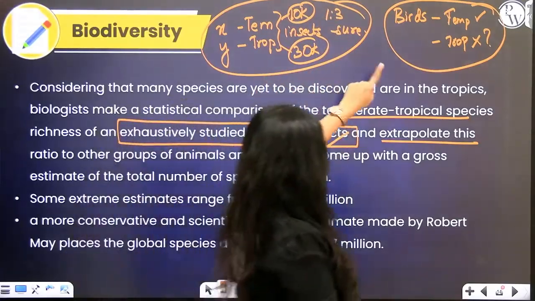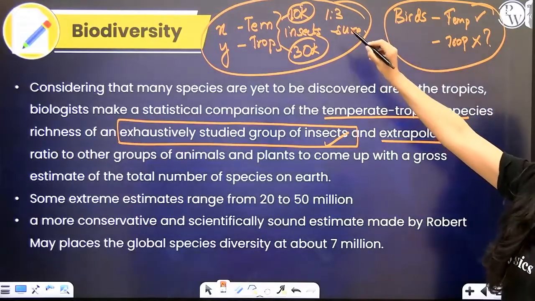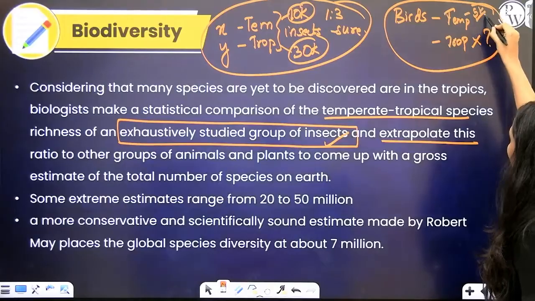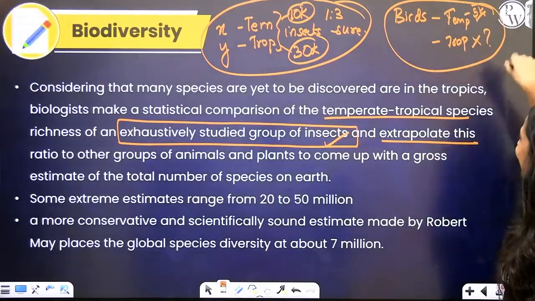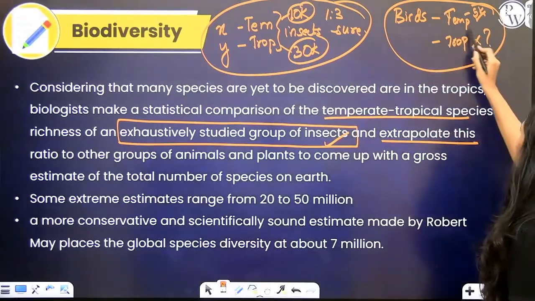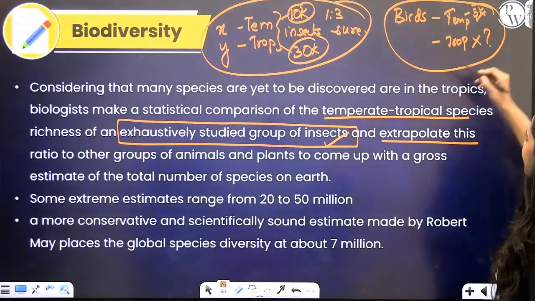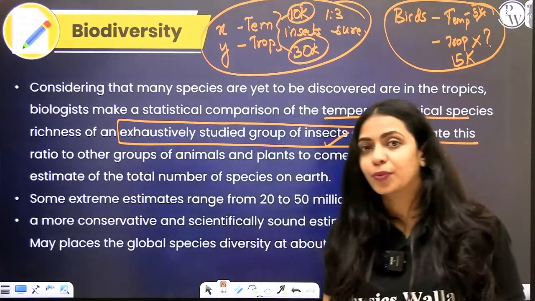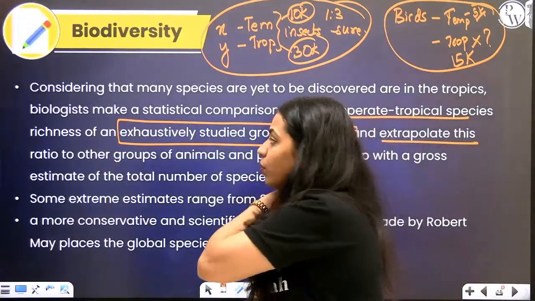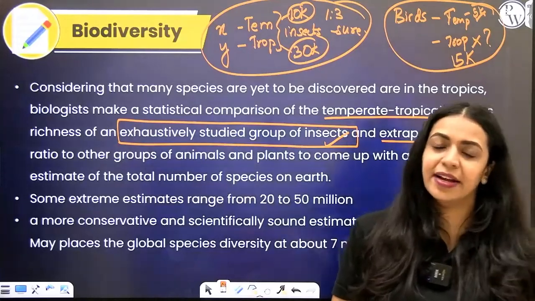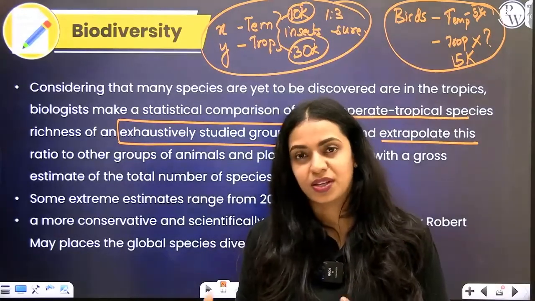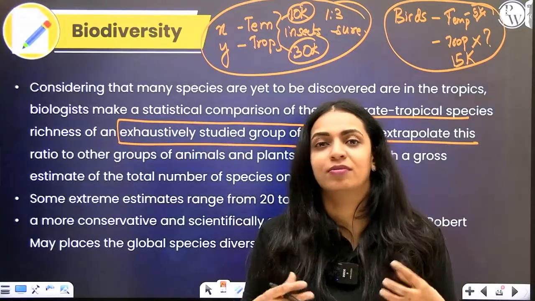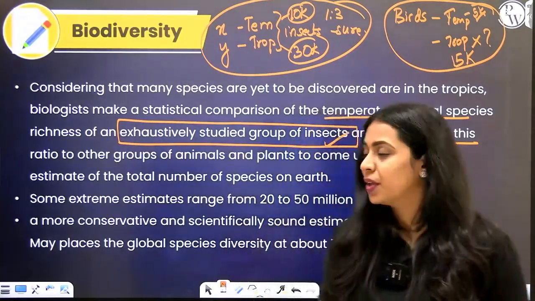So over here in the temperate countries, if the bird species is 5k, they can use the same ratio and make a rough guess that in the tropics, probably 3 times more, 15k bird species must be present. So that's how it's going to work. Alright. So by making these kind of statistical comparisons and arriving at values, we will get an idea of how diverse our Earth is, right?